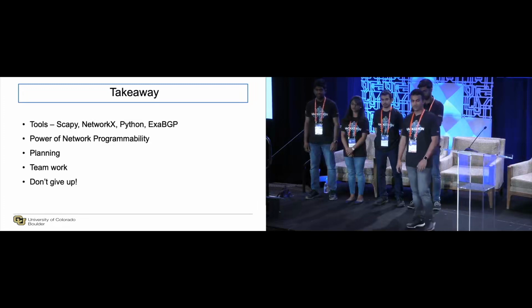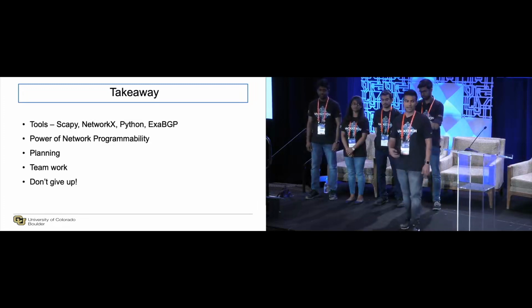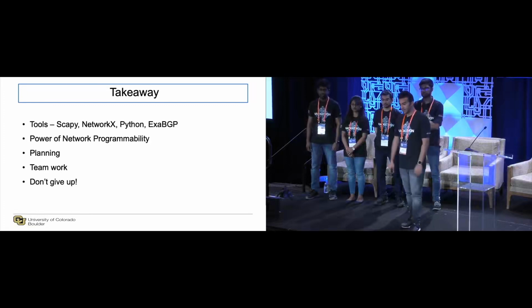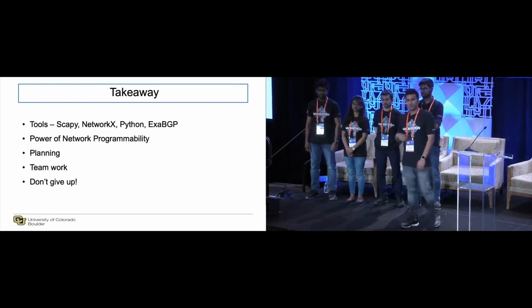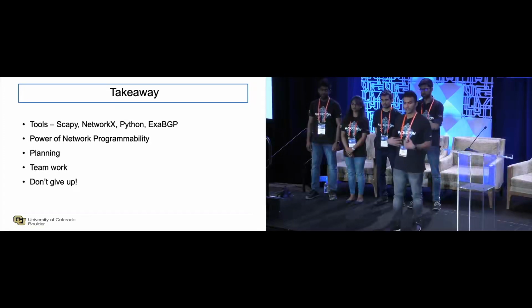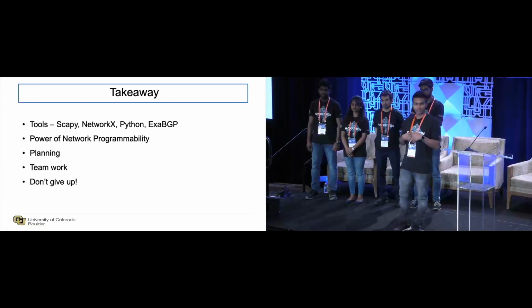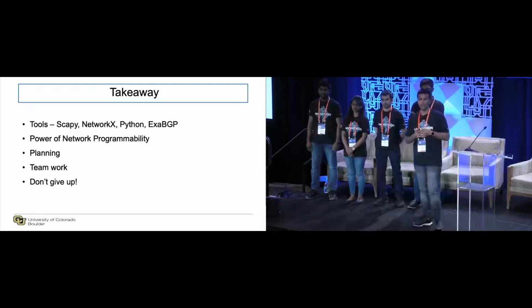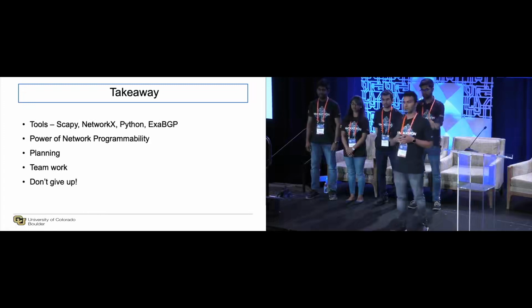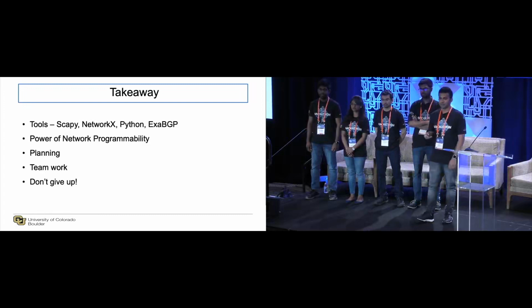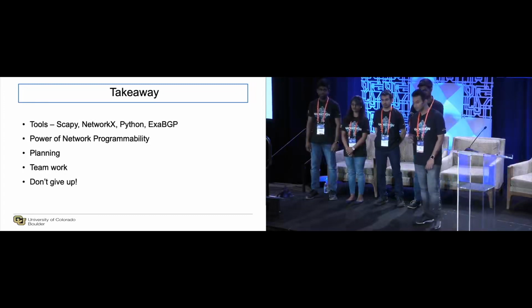Since it was a one-day event, we needed to plan, so we planned step by step, created a workflow, and got the results. Also, we divided the work among our team according to strengths, and then we integrated those steps and got the results. There were many tools which we didn't know about, and we were stuck at many points, but we didn't give up and moved forward. That was the main strength which we think we got from this hack.